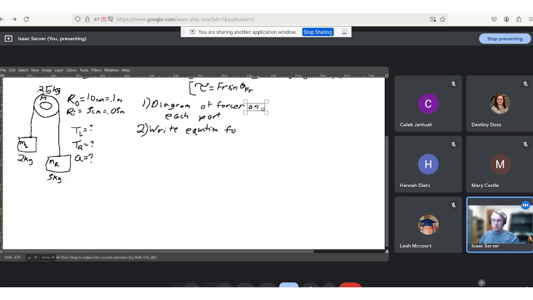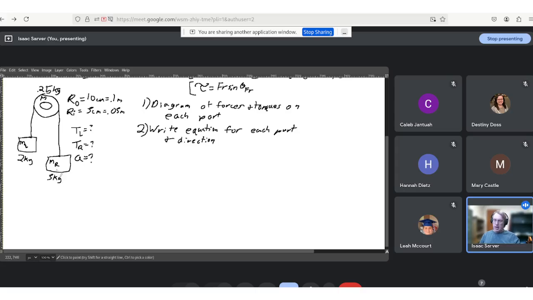Forces and torques. Write equations for each part and direction.